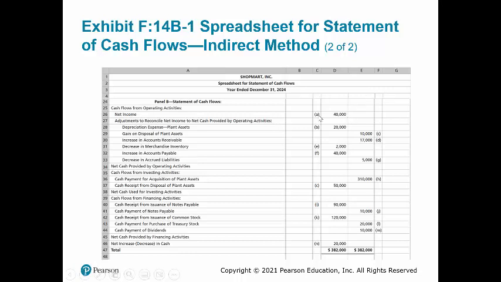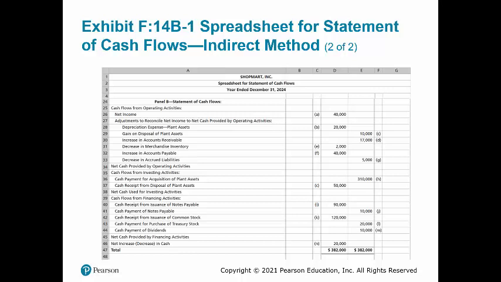So we will find in the bottom of the spreadsheet a corresponding debit for the same amount, and we will find that letter that links with the same letter in the top part of the spreadsheet. So in this case, it will correspond to the net income. That will be an increase in cash, a provision of cash in the cash flow statement.